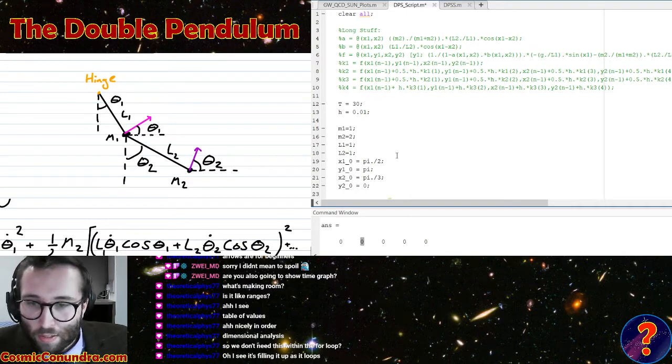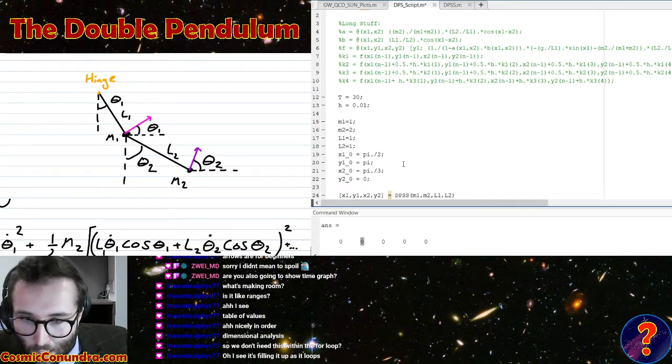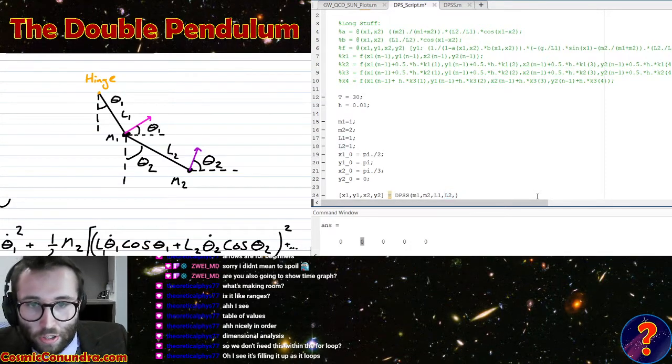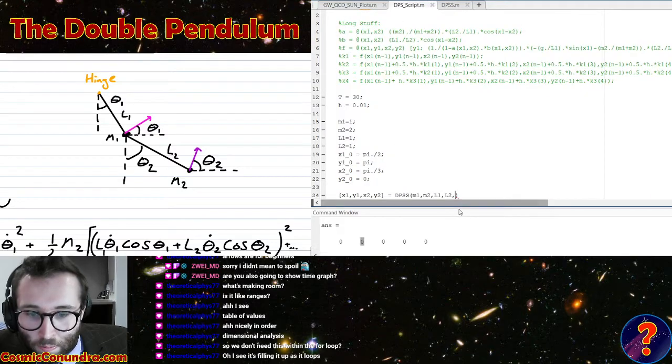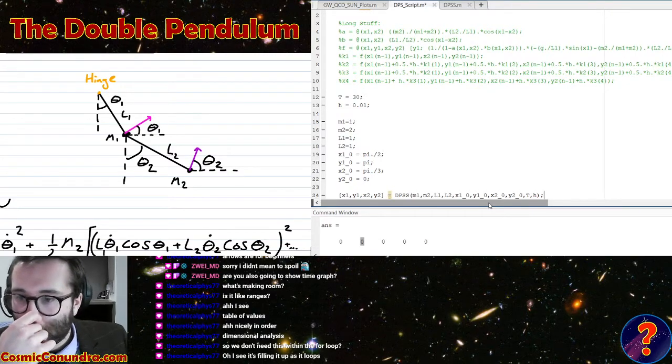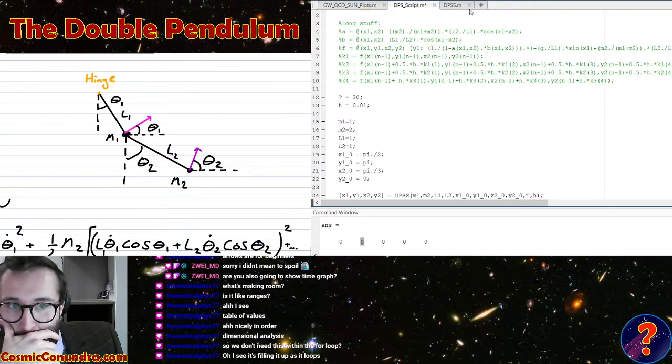So the time is divided up into grid points separated by 0.01 seconds. Okay, so we've got L1, L2. Then let me just check the function. So the next arguments were the initial conditions, then T, then H. So initial condition, that's x1 0, y1 0, x2 0, y2 0, capital T, then H, as we've defined there. So let's see, will this work?